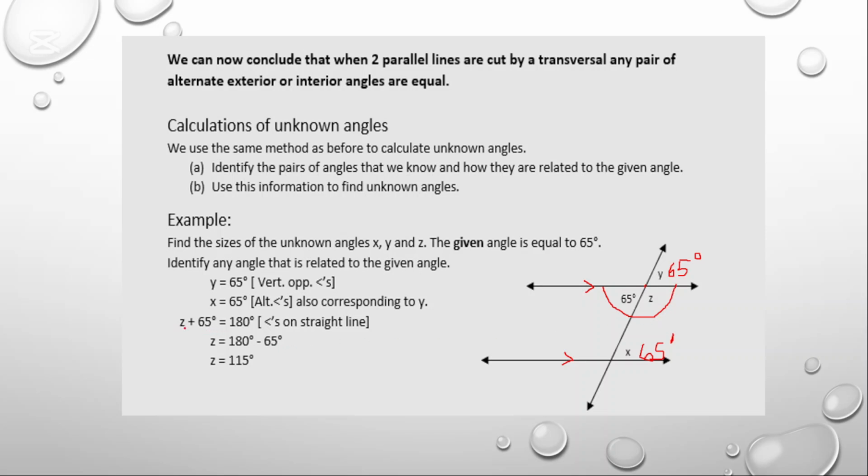So, Z plus 65 is equal to 180 degrees, angles on a straight line. Z is equal to 180 minus 65, and Z is equal to 115 degrees. So there we have the steps to find the unknown angles.